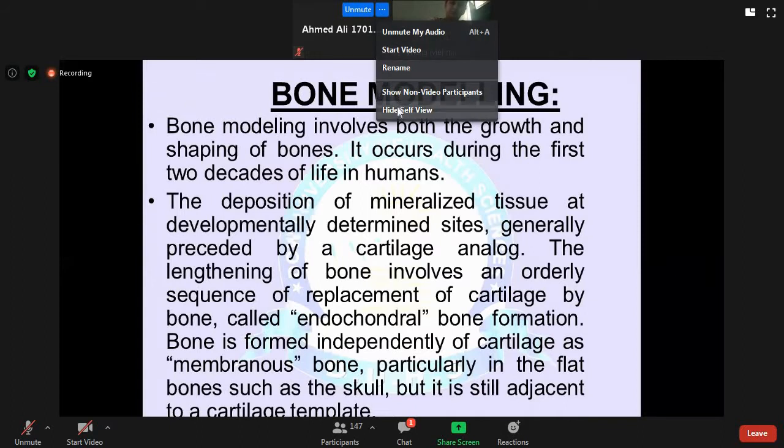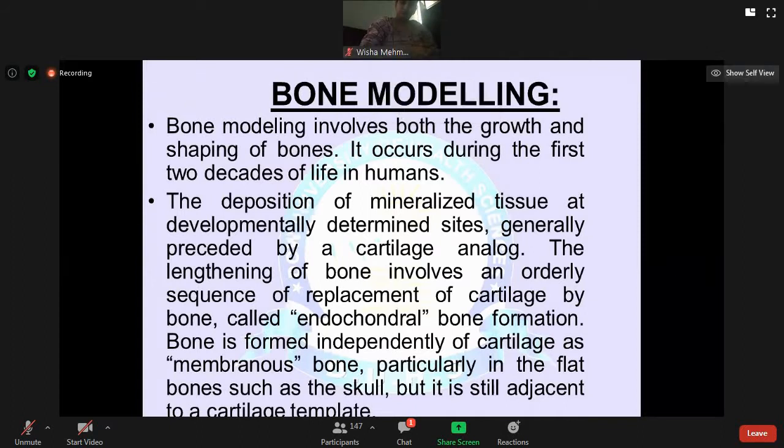At the age of 2 and thereafter, as the age advances, the skeleton comprises 35% cartilage and 65% bone. So basically the cartilage portion is replaced by the bony portion, and this is the process of ossification, the conversion of cartilage into bone.